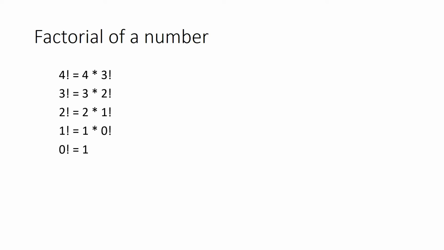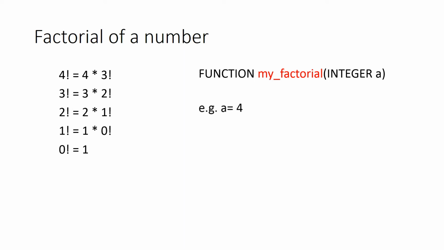Okay? So, in our case, let's bring it to the algorithm world. We could write a function called myFactorial, for example, and that function will receive an integer. So if we want the factorial of 4, in this example, if a is equal to 4, we would call this function from within our algorithm like this, myFactorial(4).